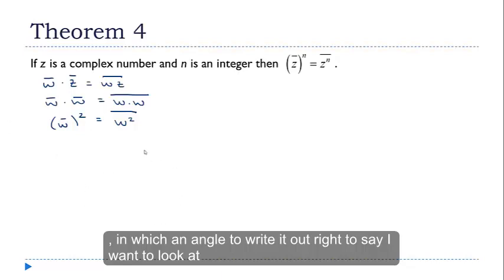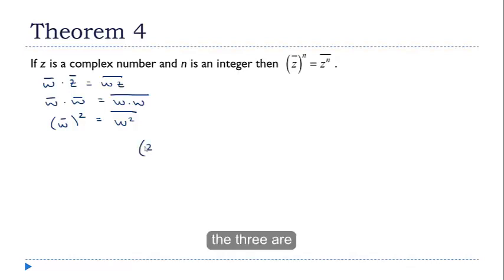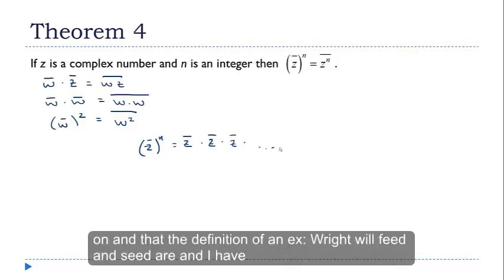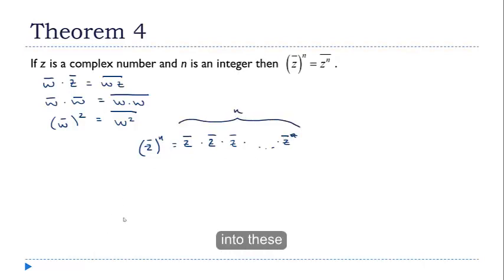Let's say I want to look at Z bar to the n power. This is Z bar times Z bar times Z bar times, I'm just using the definition of an exponent, Z bar, and I have n of these.